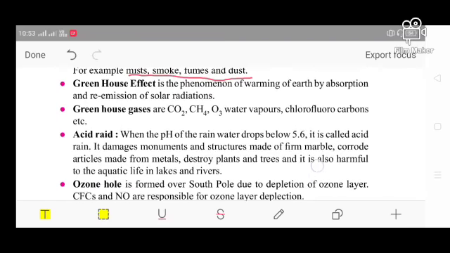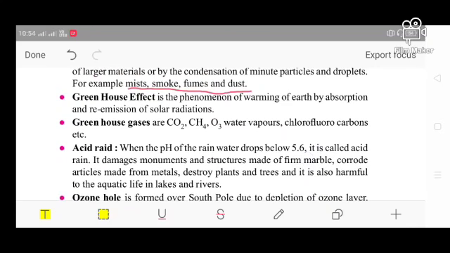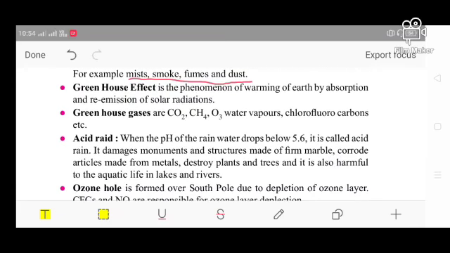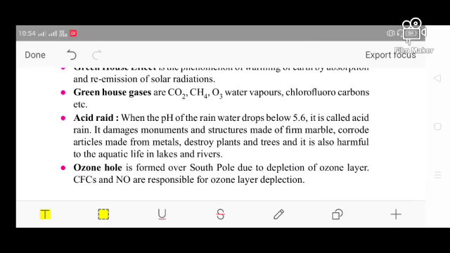Generally, the greenhouse effect is caused by the absorption of heat radiations and the re-emission of the solar radiations. These are the two basic criteria for the greenhouse effect. What are the greenhouse gases? Carbon dioxide, methane, ozone, water vapor, and chlorofluorocarbons are the basic greenhouse gases.